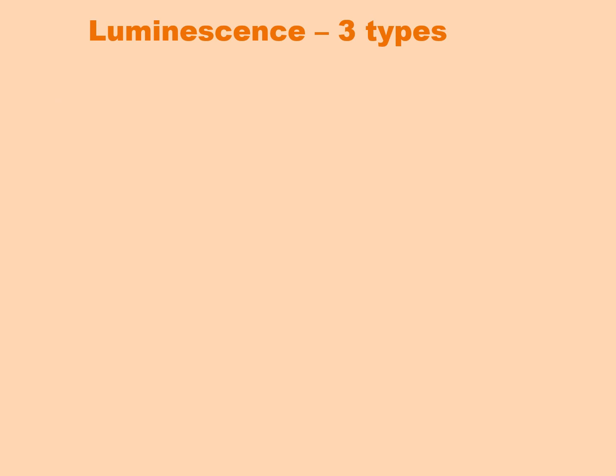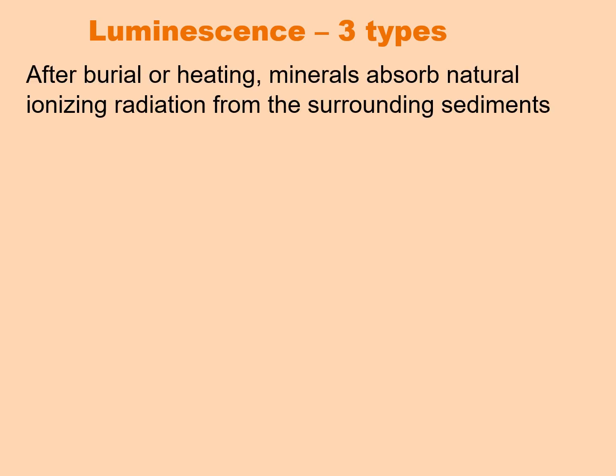I'll end by talking about luminescence dating. There are three types of dating, two of which I'll talk about today. After burial or heating, minerals absorb natural ionizing radiation from the surrounding sediments or from the sunlight.